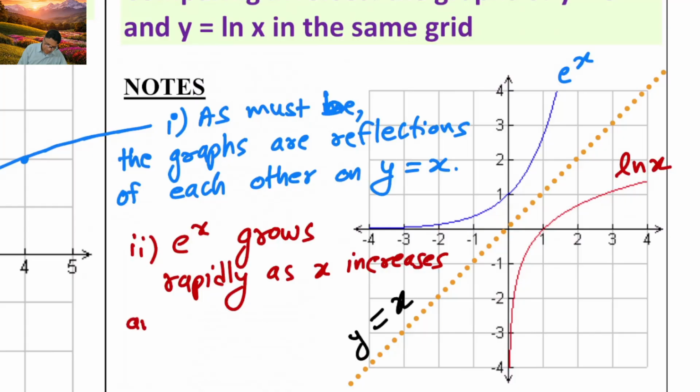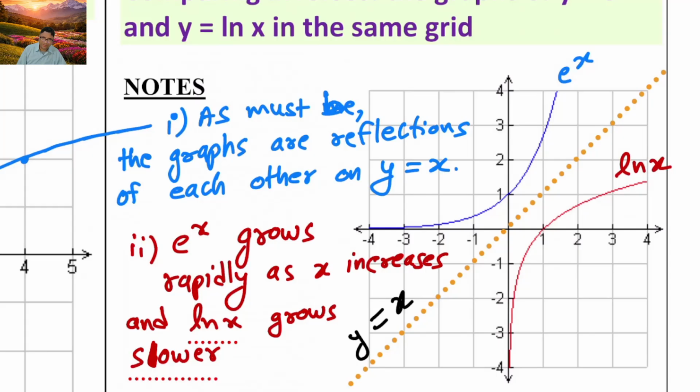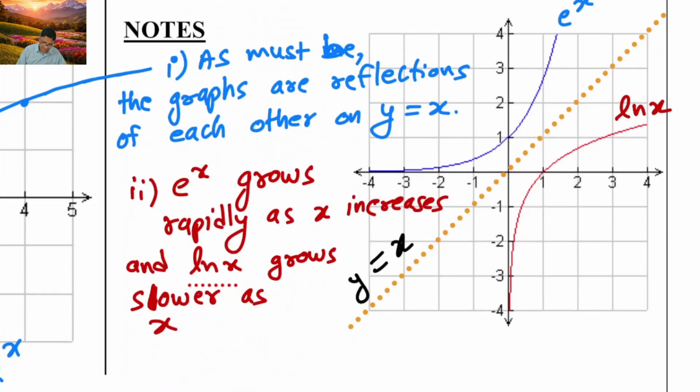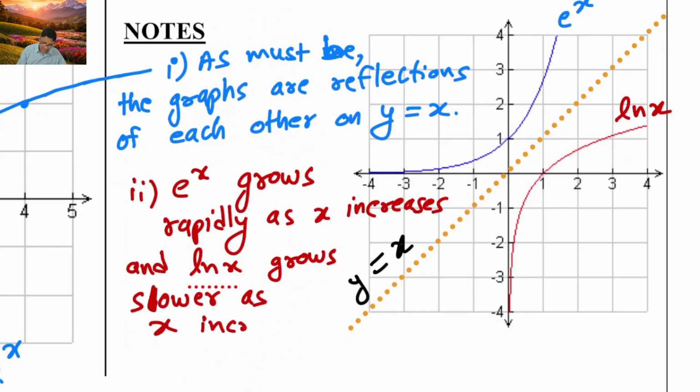And what is the counterpart doing? Ln x grows slowly. I want to make it a comparative thing here, so I'm writing: grows slower as x increases.